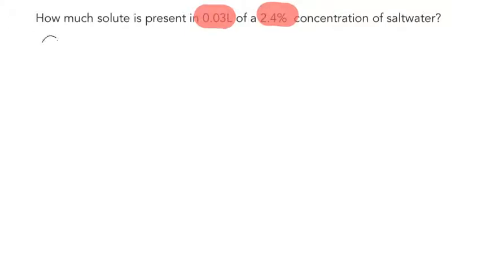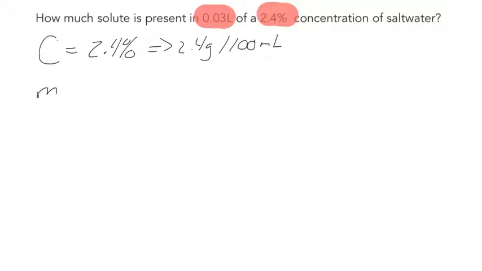C is equal to 2.4%, which means 2.4 grams over 100 milliliters. We don't have M, so M is our variable X, and the volume is 0.03 liters. Now this is where we should have a warning sign: when it's a percent concentration, volume is in milliliters. This is given to us in liters, so we need to convert.